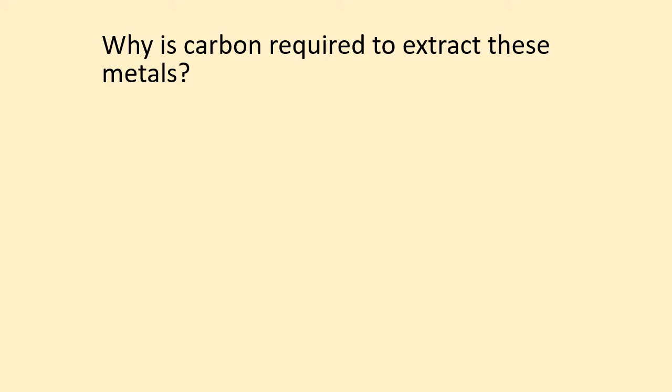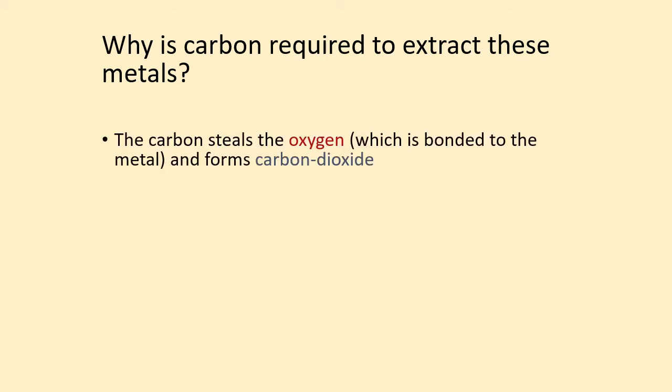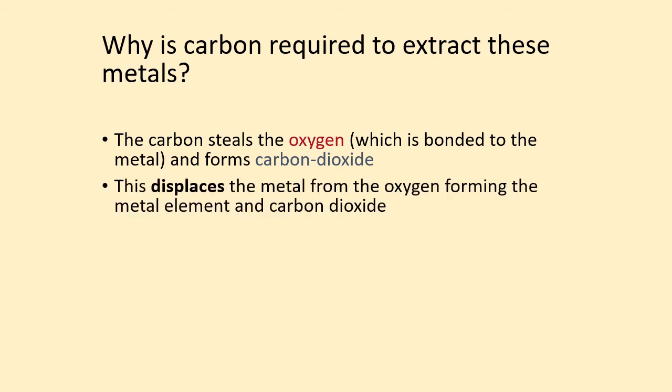Why is carbon needed to extract these metals? Well, in the ores, these metals are reacted with oxygen. So we would have copper oxide or iron oxide in the ore. When we add carbon to the ore and heat it up, the carbon steals that oxygen away from the metal and forms carbon dioxide.